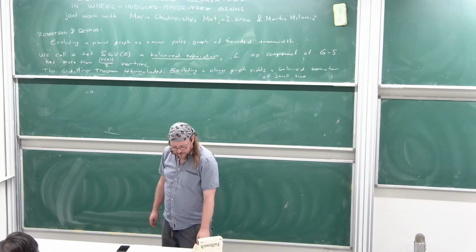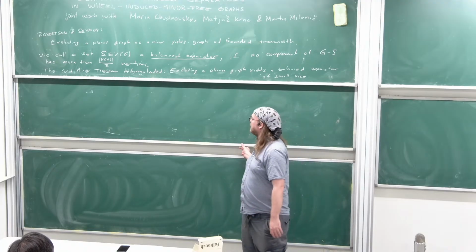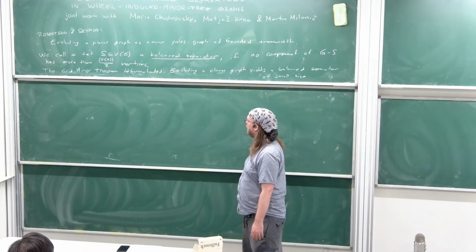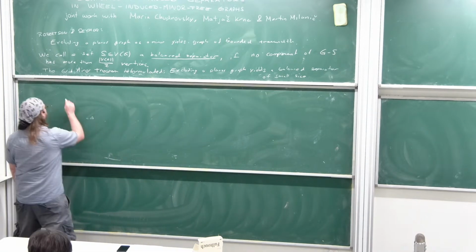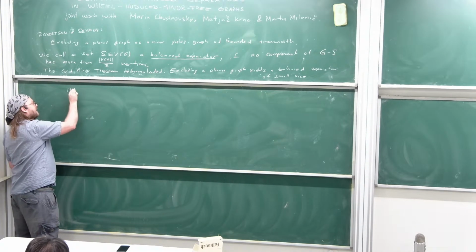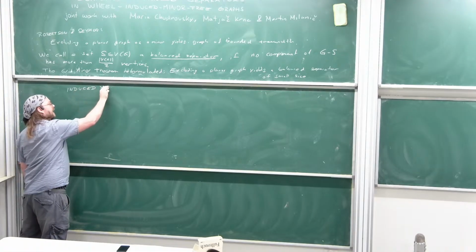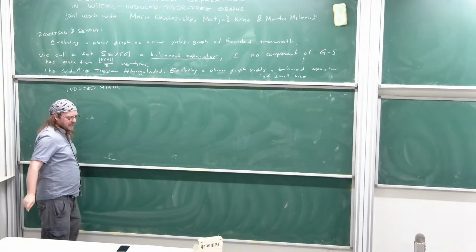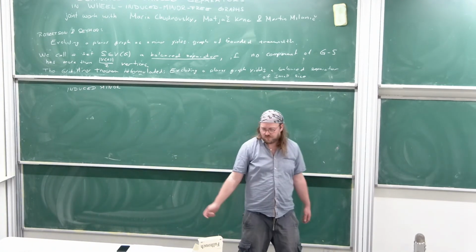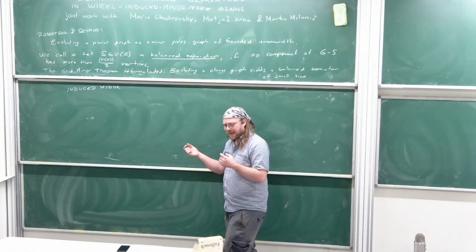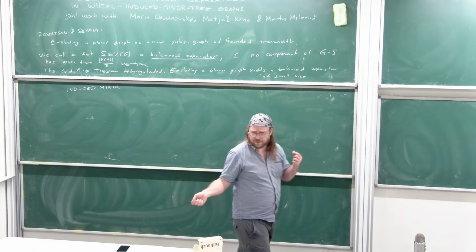Now I want to talk a bit about an induced version of this theory. Instead of graph minors, we want to look at induced minors. We say a graph H is an induced minor of a graph G if H is isomorphic to a graph that we can obtain by contracting edges and deleting vertices.